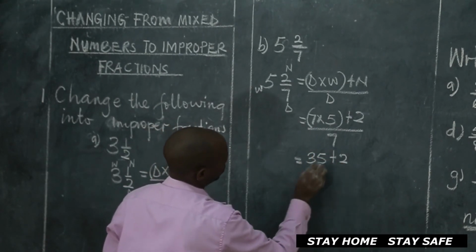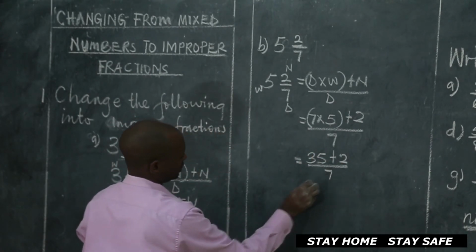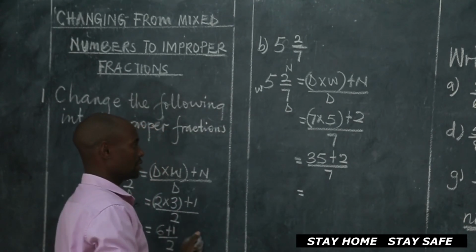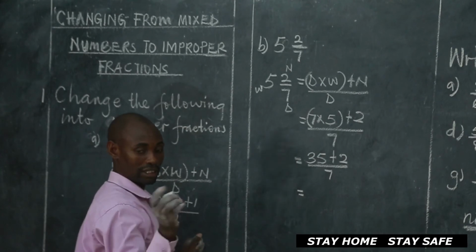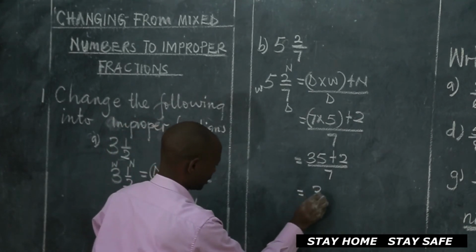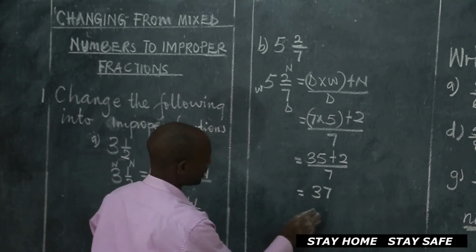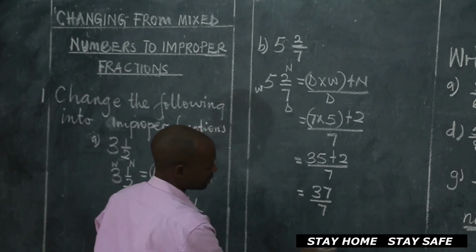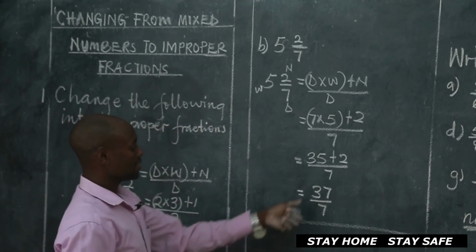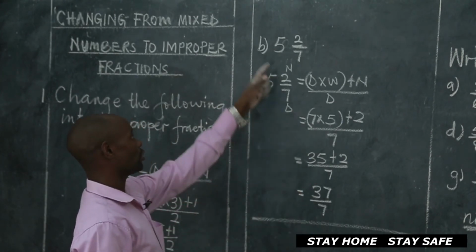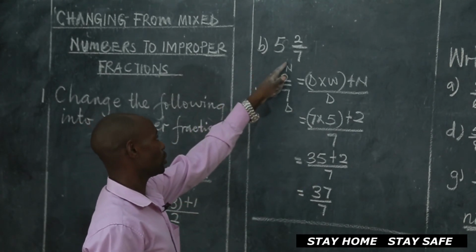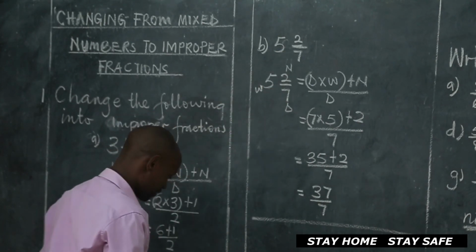Plus 2 out of 7. Simplify. 35 plus 2, what do we get? Yes, James? 37. Wonderful. So it is 37 out of 7. Therefore, 37 out of 7 becomes the improper fraction for 5 whole numbers, 2 out of 7.